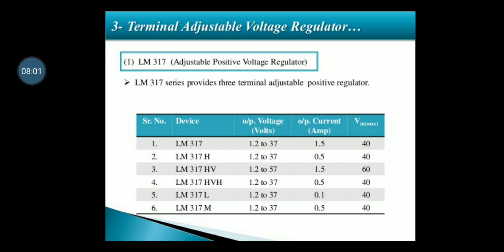Next one is the 3-terminal adjustable voltage regulator LM317. The LM317 series provides a 3-terminal adjustable positive regulator. Here we may have LM317, LM317H, LM317HV, LM317HVH, LM317L and LM317M.